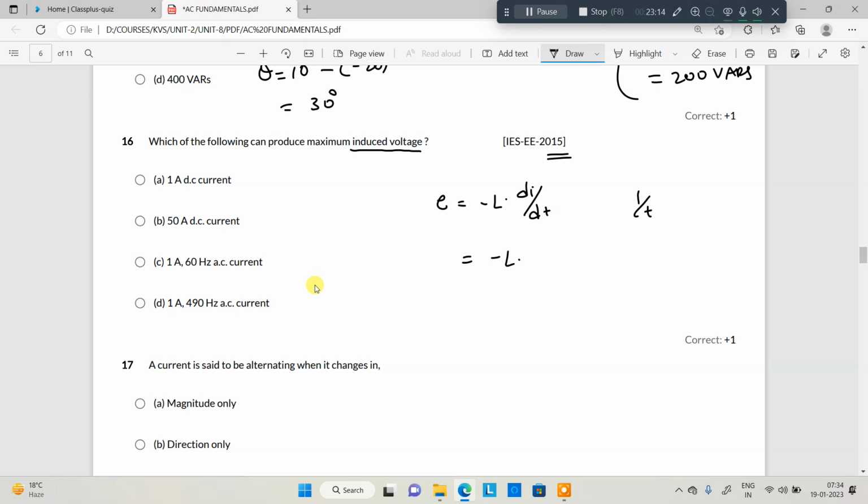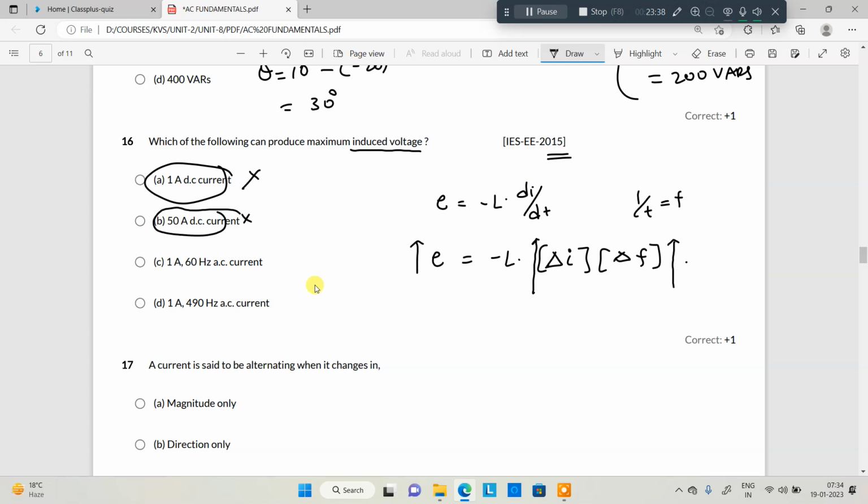So minus L, delta change in current into change in frequency, because 1 by t is equal to f. Now my question here: for the maximum induced voltage, the current will be maximum as well as the frequency maximum. Then only induced EMF is maximum. Just verify the options. It is DC, there is no question about the frequency. You can neglect it. This is DC, so the frequency will be 0.